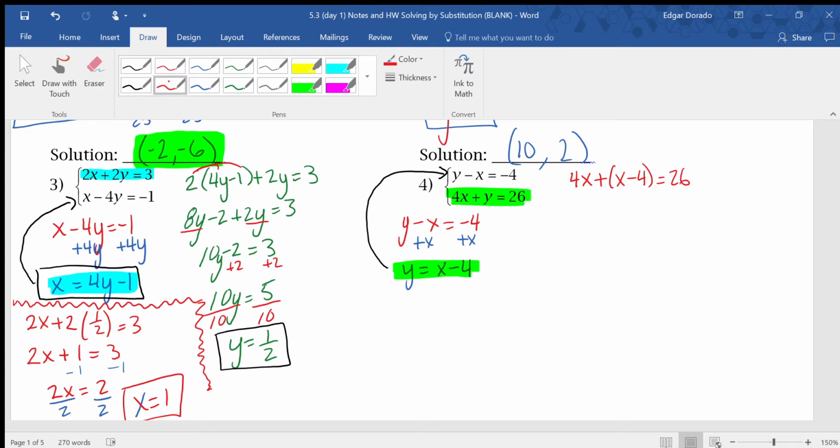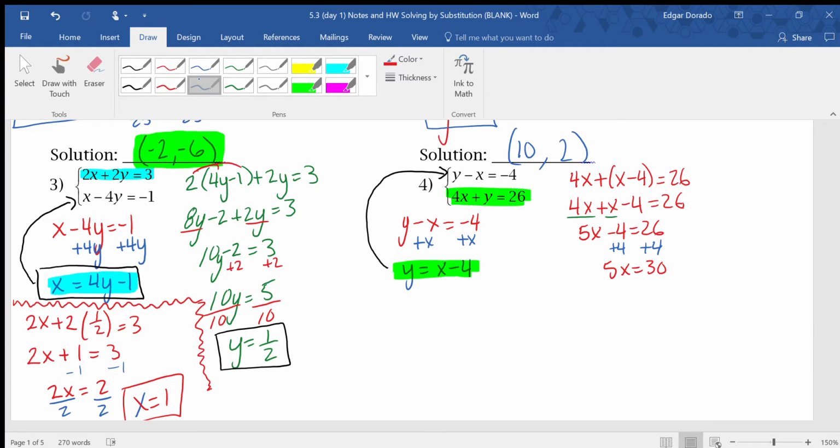Well, that plus is not really going to change anything, so I don't need those parentheses anymore. However, here I can combine those two to give me 5x, and then add my 4 to both sides. We get 5x equals 30.